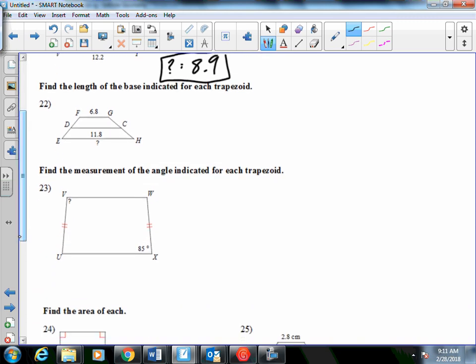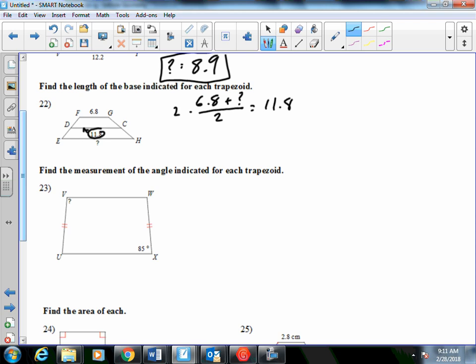All right, 22, find the length of the base indicated for each trapezoid. In this case, the 11.8 is going with the mid-segment. The question mark is the bottom base. So we know the two bases added together, 6.8 plus the question mark, divided by 2 has to equal 11.8.